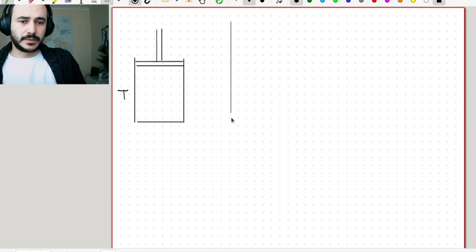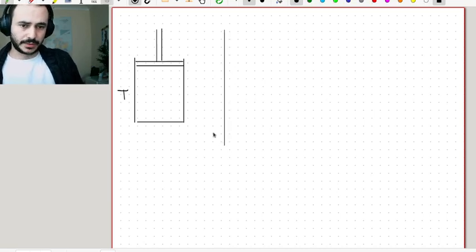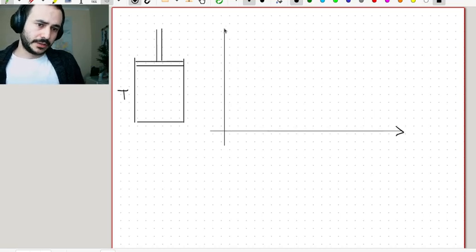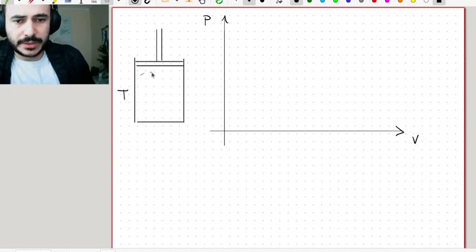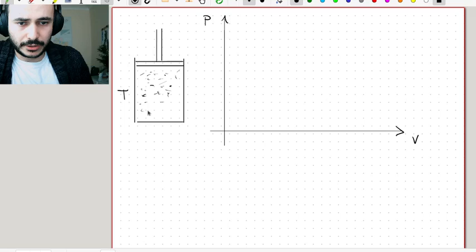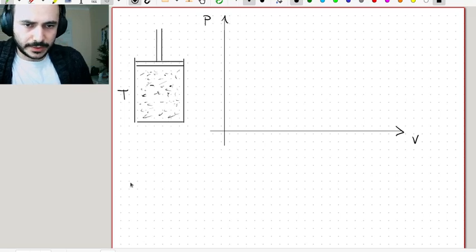And simultaneously here I'm going to make a drawing, the VP representation once again, of what is happening in this system, okay? So here I have volume and here I have pressure. So imagine I have a gas here. Let's represent it like a bunch of little dots like this, okay? In a moment you will see why.